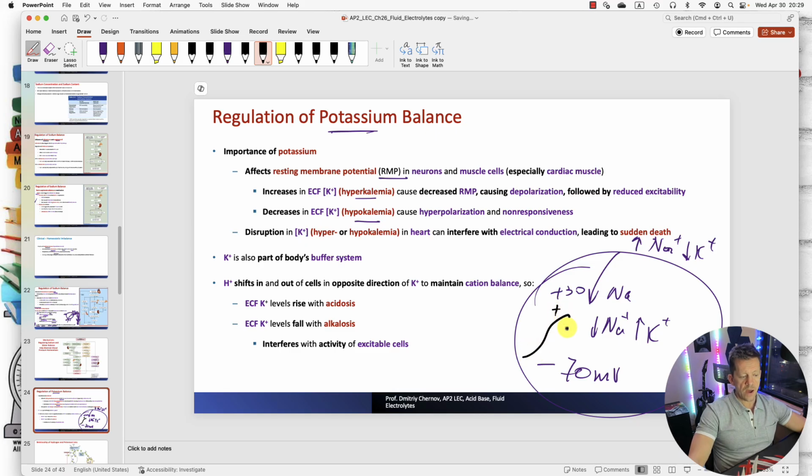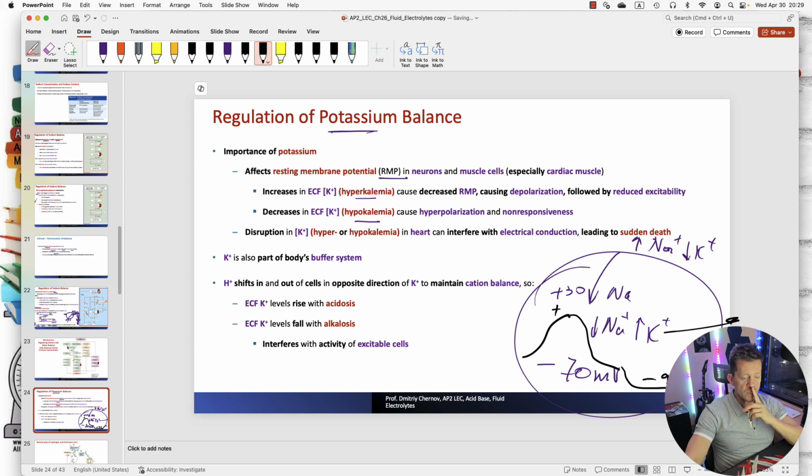You're plus 30 now. Now you have to reset the membrane potential. You have to go back to resting membrane potential. And now we're more positive, we're removing positive, so we can become more negative. We can even hyperpolarize, get down to minus 90.